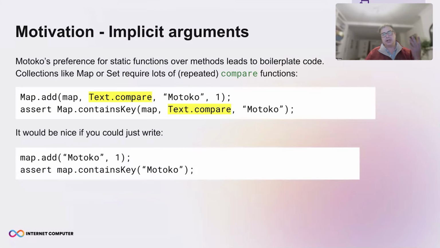Especially when you use collections like map or set, the way we designed the API for the new core package is that every operation has to take an explicit comparison function, because these sets or maps are ordered and use red-black trees. Now, it would be much nicer if you didn't have to pass these auxiliary functions with every operation, leading to the code below. That's what we'd like to be able to write. And implicit arguments let you do this.